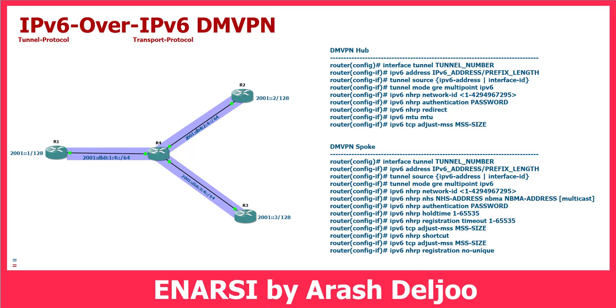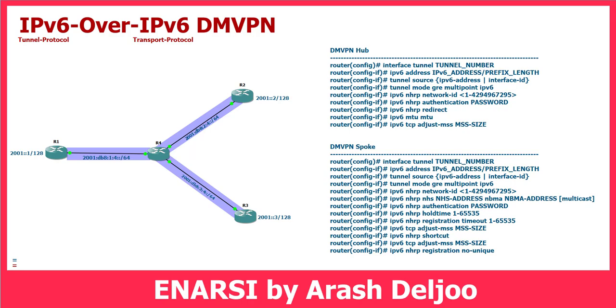IPv6 over IPv6 DMVPN. You know that in DMVPN we are using GRE or multipoint GRE, and GRE can support different or multiple routing protocols. For example, in GRE we can use transport protocol IPv4 and tunnel protocol IPv4, or transport protocol IPv6 for tunnel protocol IPv4, or transport protocol IPv4 for the tunnel protocol IPv6.